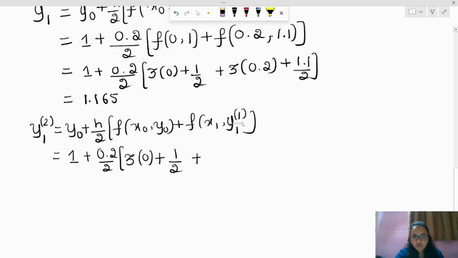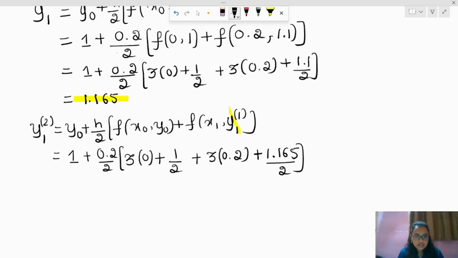So here we get 3 multiplied by the x1 value 0.2 plus y1 at first approximation, which we got as 1.165, and that is divided by 2.